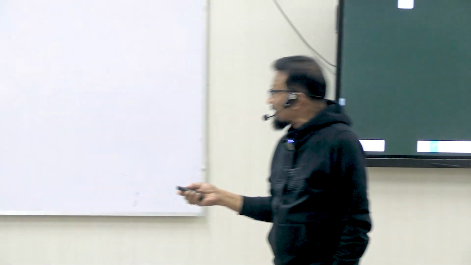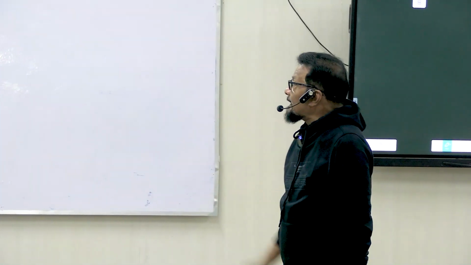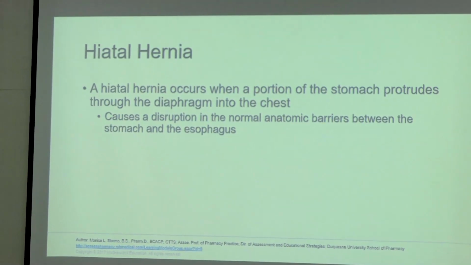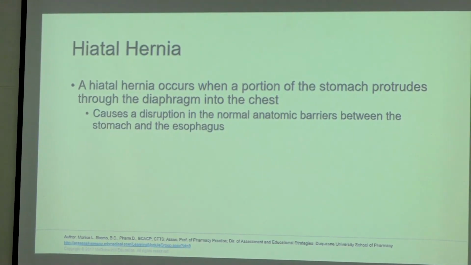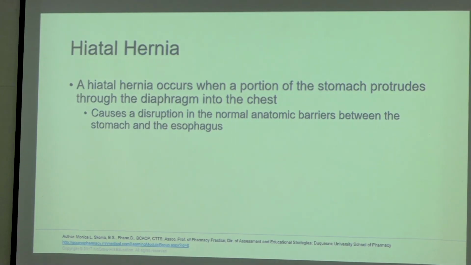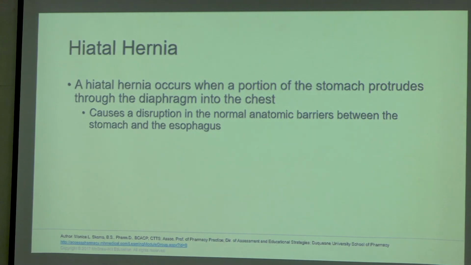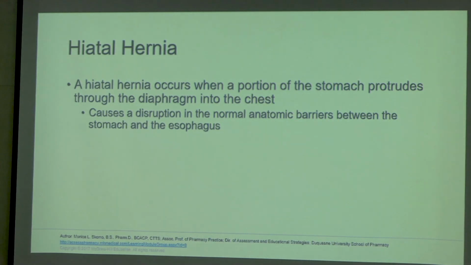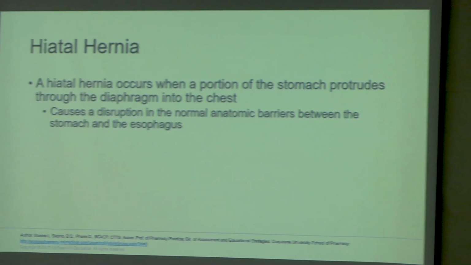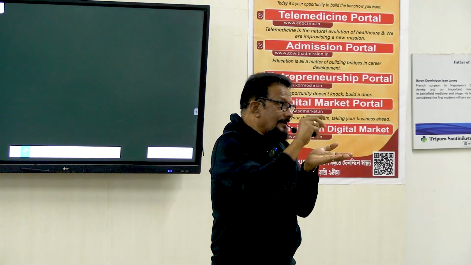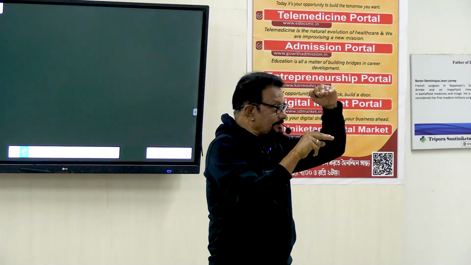Another important factor is hiatal hernia. What is hiatal hernia? There is the diaphragm, and there is a hole through which the esophagus enters, and then the stomach is formed. Now what happens in a hiatal hernia? Part of the stomach comes above the diaphragm, and the sphincter lies over it.